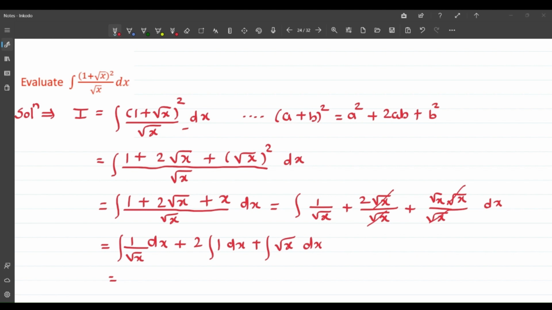So we can write 1 upon root x gives 2 root x, plus 2 into integration 1 dx is x, plus integration of root x is 2 by 3 x root x plus c, or the formula for root x will be 2 by 3 x raised to 3 by 2 plus c. Both answers will be correct. So in this way the answer of this problem will be this.